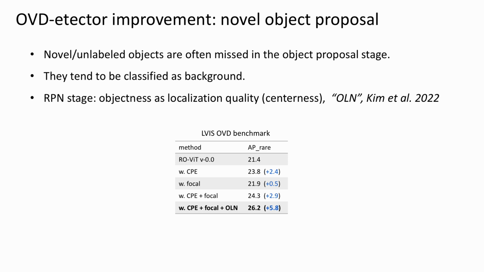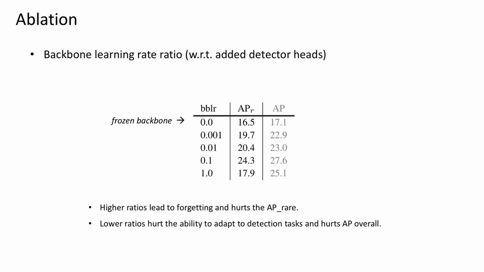We observe further boosts, and when combining all our RO-ViT improvements, we achieve a large gain of 5.8 AP rare over the baseline. As our OVD detector depends on the pre-trained backbone, it's important to set the backbone learning rate lower than the rest of the detector heads to prevent forgetting in the fine-tuning process. We evaluate the learning rate ratio between the backbone and the detector heads. We found 0.1 to be the sweet spot.